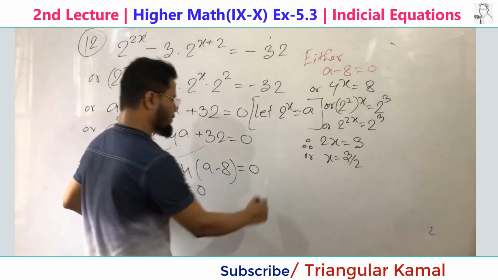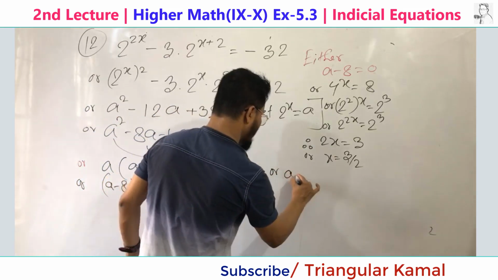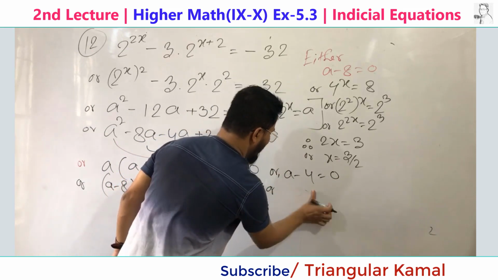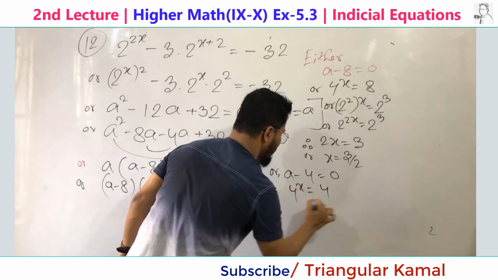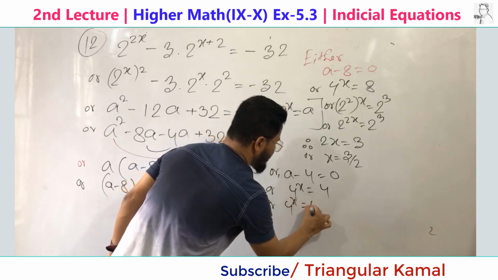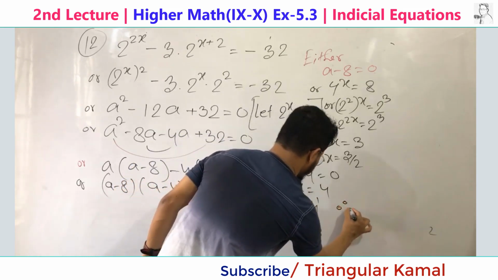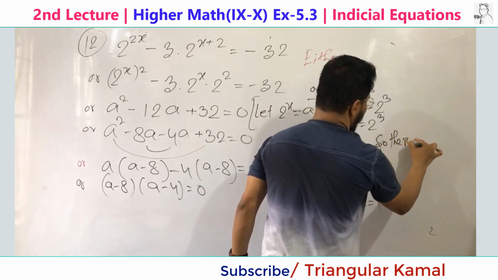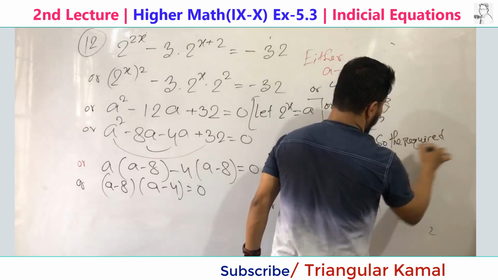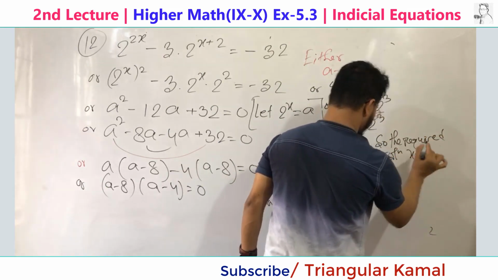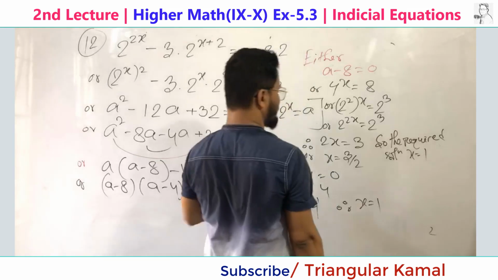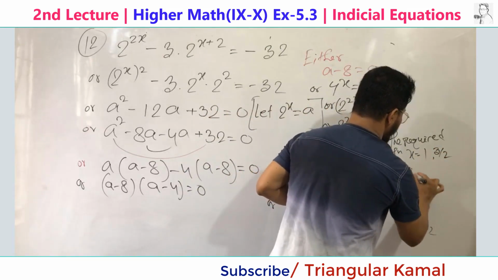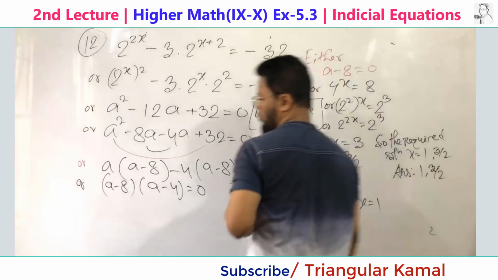Attention to the second factor: a minus 4 equals 0, or 4 to the power x equals 4, or 4 to the power x equals 4 to the power 1, so x equals 1. So the required solution is x equal 1 and 3 by 2. Answer is 1, 3 by 2.